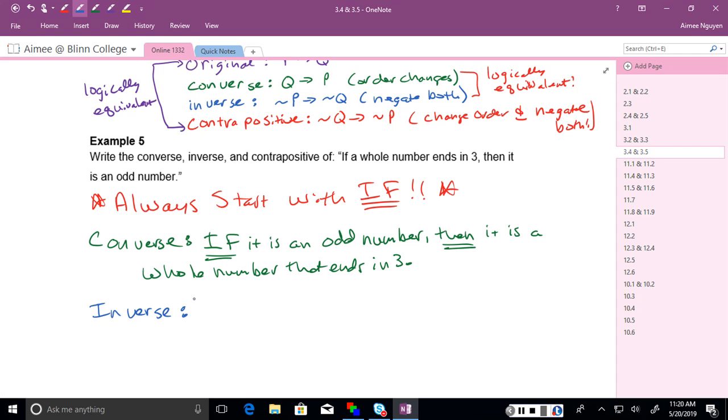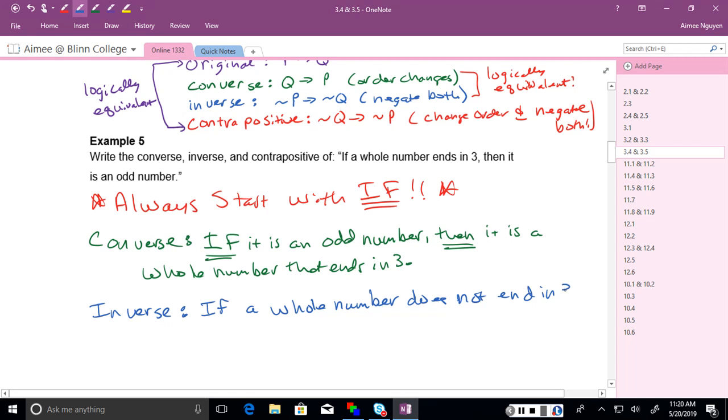So if a whole number does not end in 3, then it is not an odd number. So again, it starts with the if, then is in the middle, right?